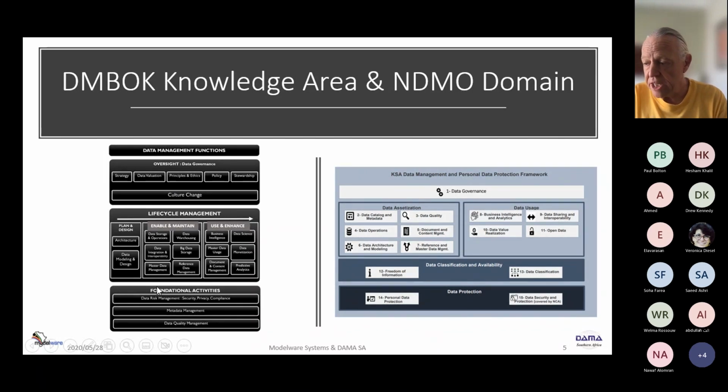Then we've got our foundational activities, and we can see here that the NDMO have got data classification and availability and freedom of information, and there's a little bit of confusion here in terms of availability or freedom of information.